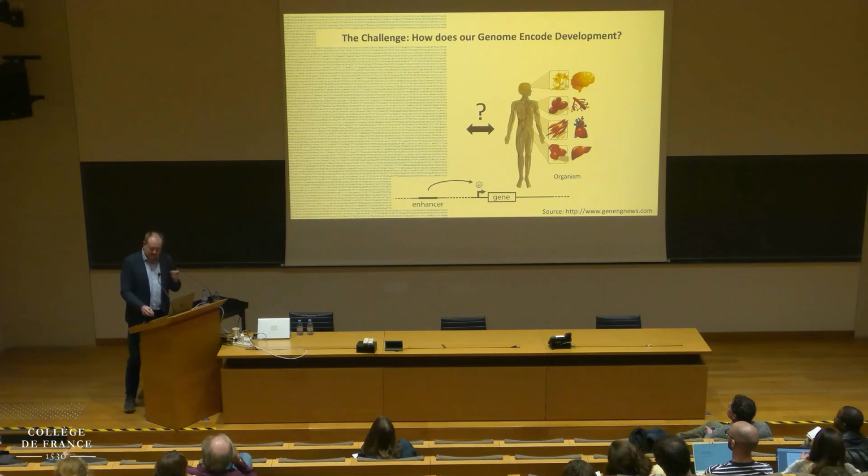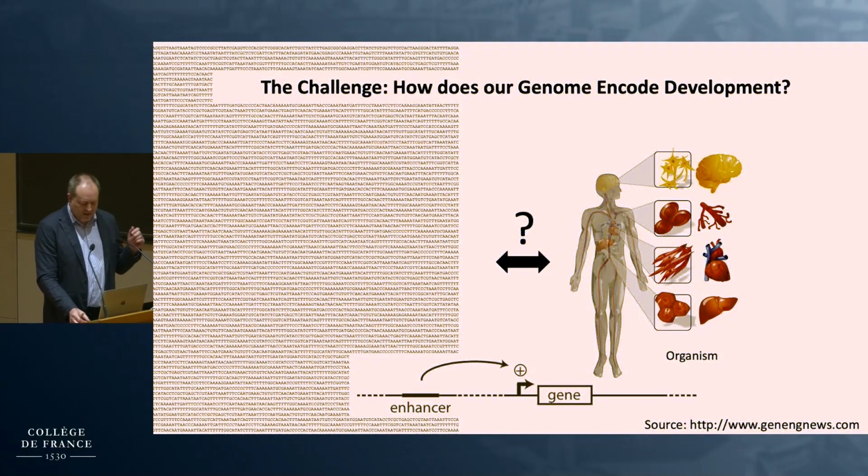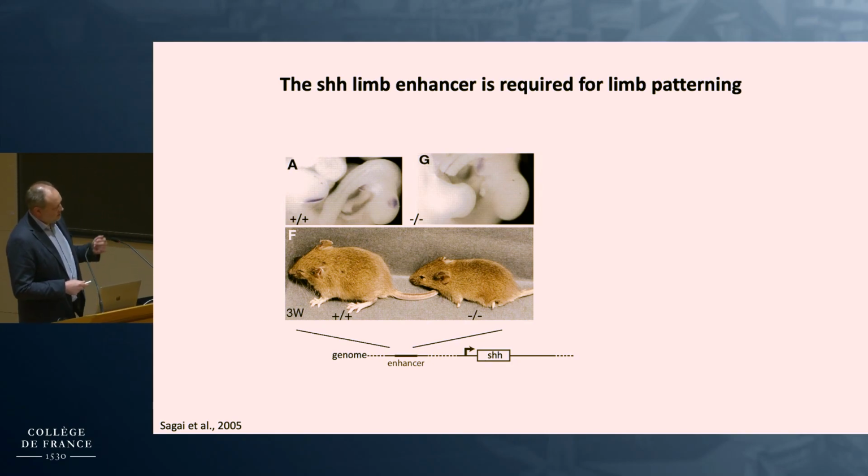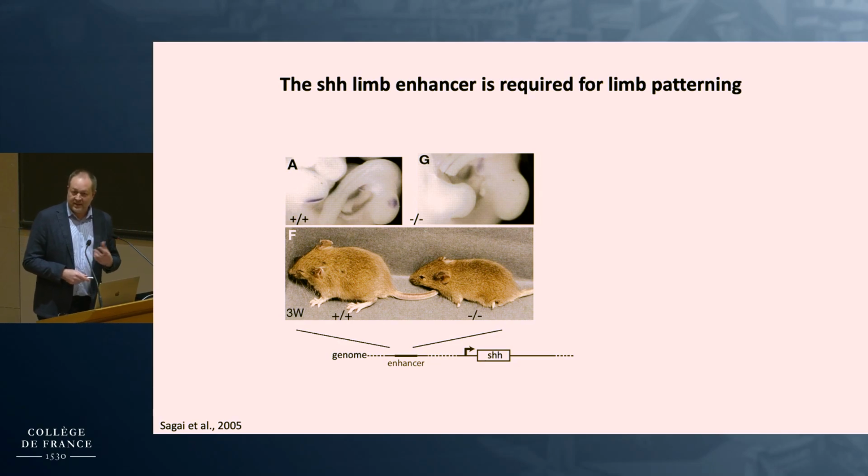We heard a lot about enhancers, but I want to review two key properties, namely that enhancers can be necessary for transcription, as shown here at this sonic hedgehog limb enhancer that you might remember from the second talk today by Wendy, where if you delete the enhancer from the genomic locus of mice, then you lose sonic hedgehog expression in the developing limb buds and develop mice that lack limb structures. So this classical genetic loss of function experiment indicates necessity, in this case, for the sonic hedgehog enhancer.